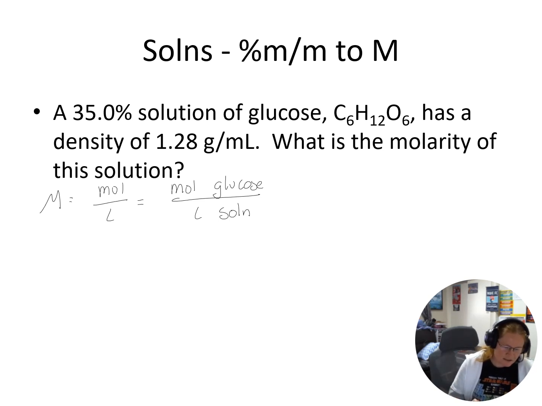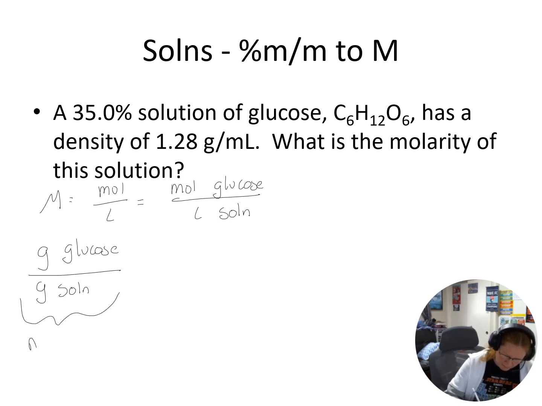All right, so we're going to take our grams of glucose over our grams of solution. All right, and we're going to get this from the mass percent. So we have to do two simultaneous conversions. From the top, I'm going to go from grams to moles.